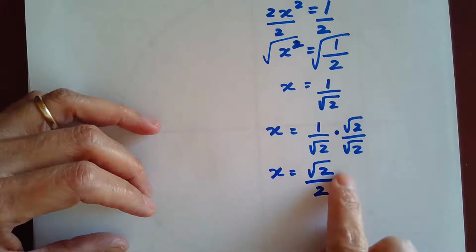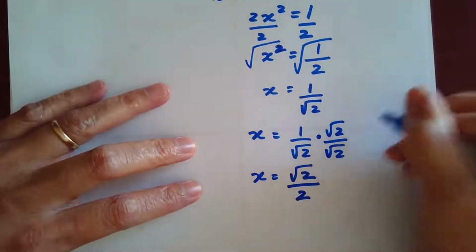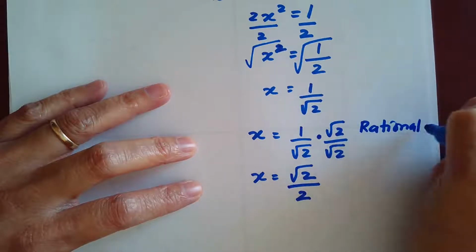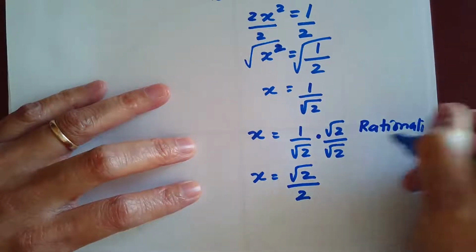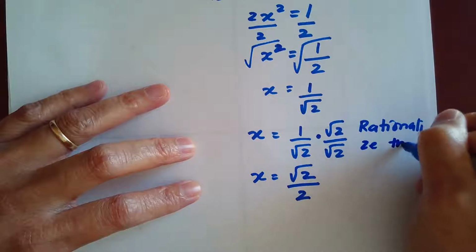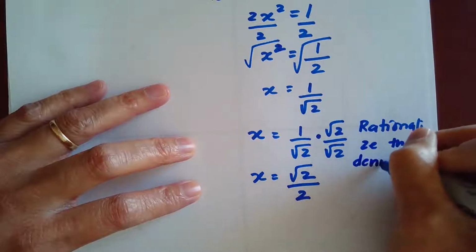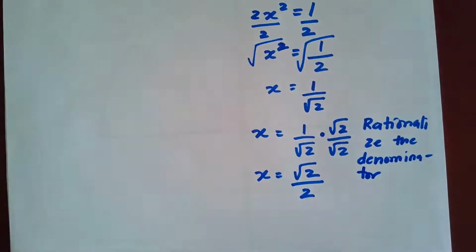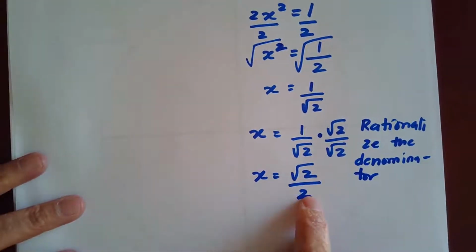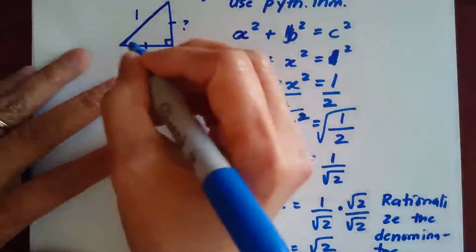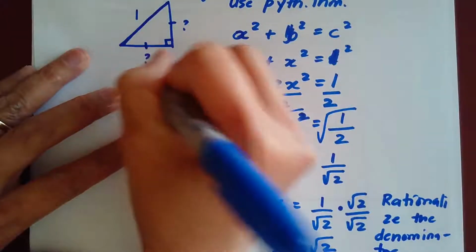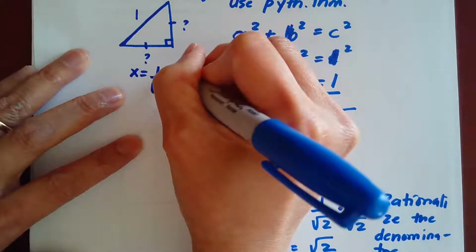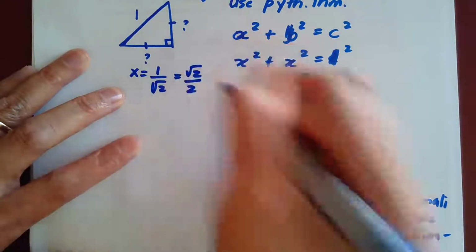Let me write it down here: rationalize the denominator. So we have root 2 over 2.